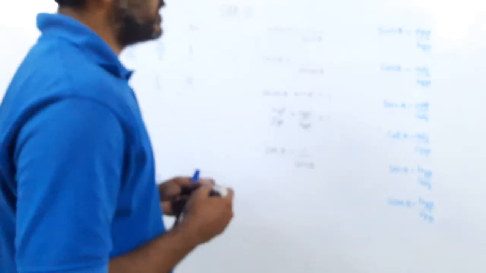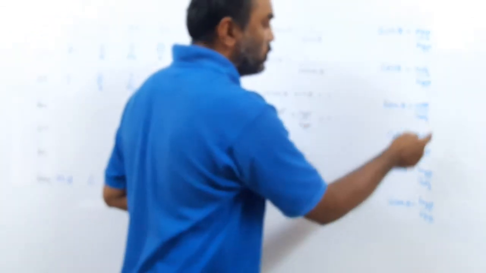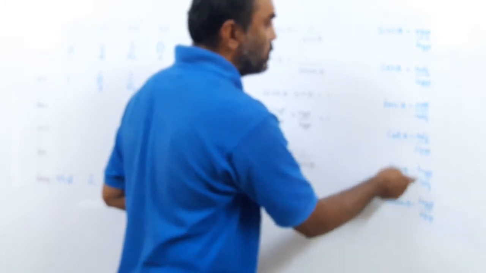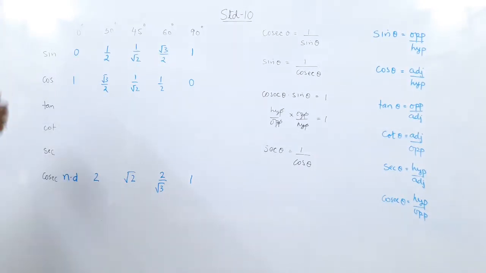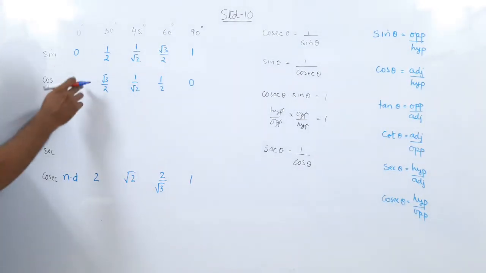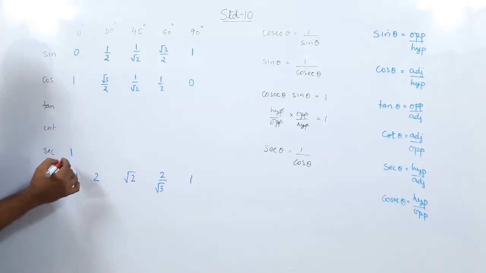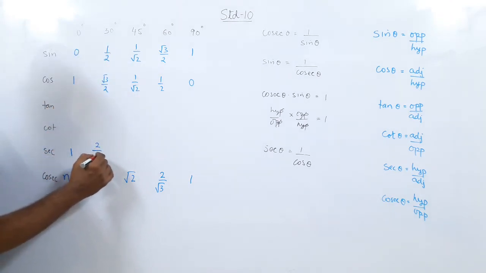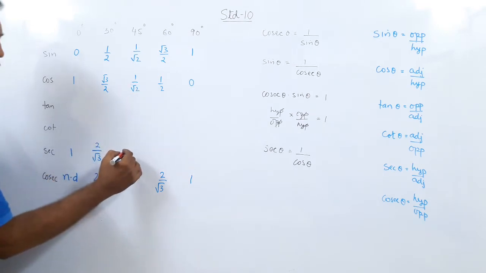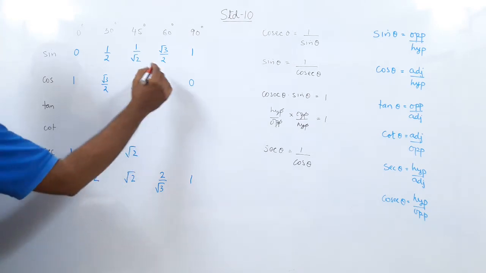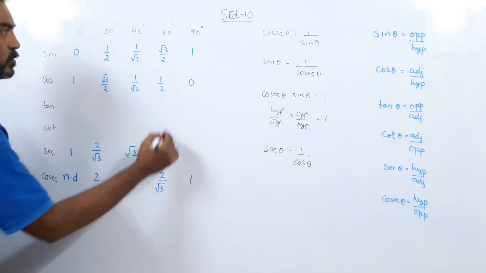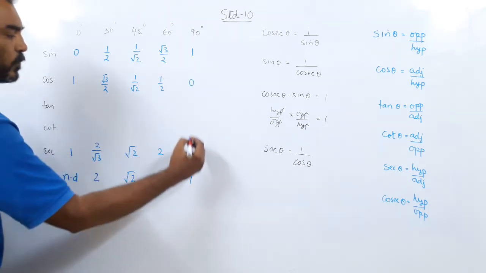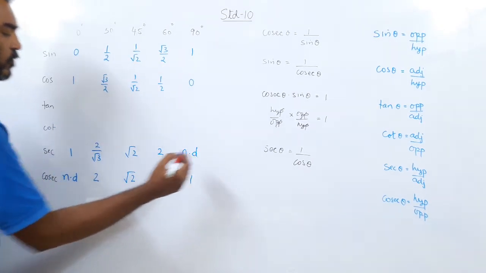Adjacent upon hypotenuse, hypotenuse upon adjacent. So to find the sec, we'll take the reciprocal of the cos. If cos 0 is 1, then this is 1 upon 1, which is 1. The reciprocal of root 3 by 2 is 2 by root 3. The reciprocal of 1 by root 2 is root 2. The reciprocal of 1 by 2 is 2. The reciprocal of 0, so 1 upon 0, is not defined.